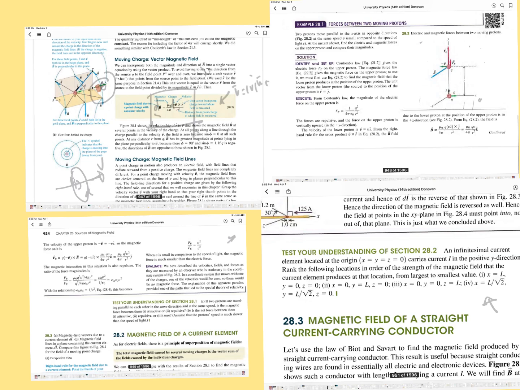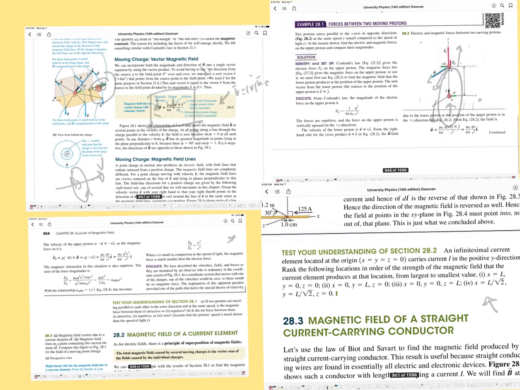So we have to find this charge will produce an electrical field. This is the electrical field, and it will also produce a magnetic field. And you can know that the magnetic field is like this. So at this point, it goes like this on the charge.